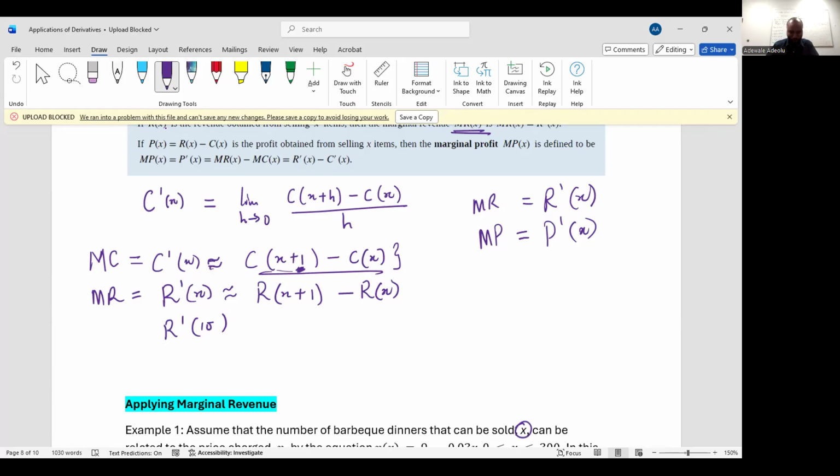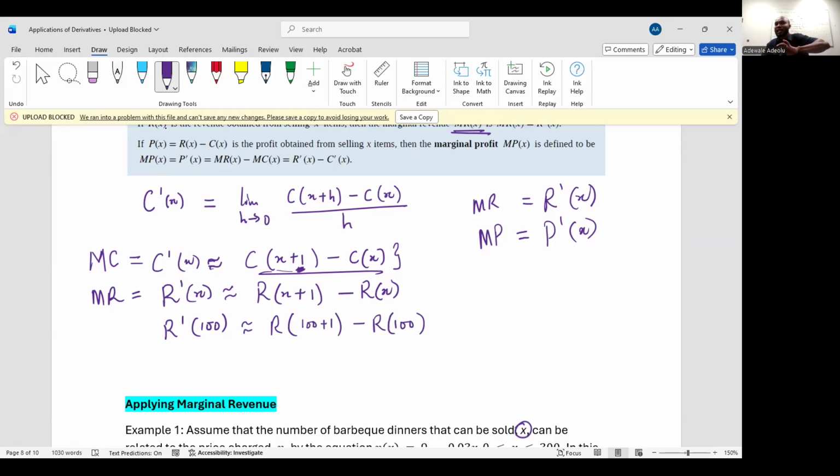So in this case, I'm saying the derivative of R at 100 is giving us R of 100 plus 1 minus R of 100. So that is what we want to find, right? Remember my explanation the other time.